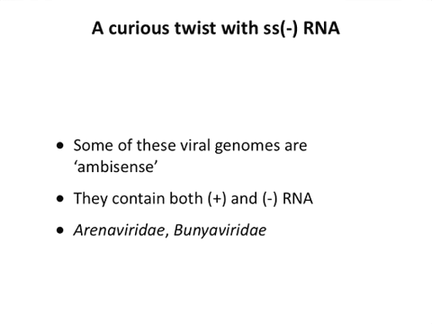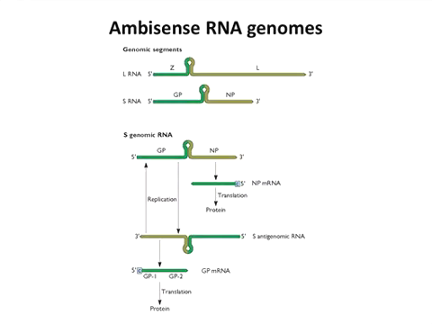Okay, now some viruses that are actually classified as negative stranded RNAs are in fact ambisense. They have both plus and minus RNA, and the arenaviruses and the bunyaviruses are like this. So what do I mean by ambisense? Well, here are the genome segments of a bunyavirus.